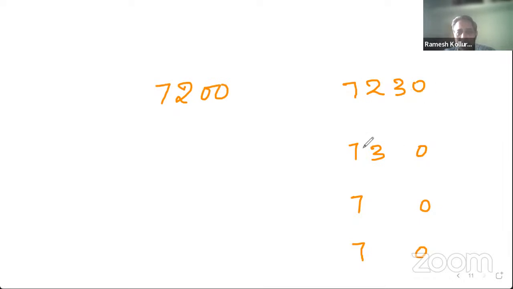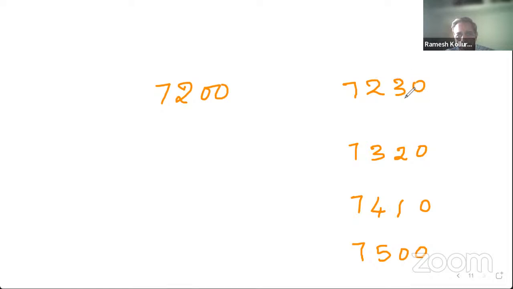7230 is the first number. Now I'm increasing one and decreasing this. Correct. So plus 90. Increasing one, decreasing this. Increasing one, decreasing this. So these are the angles, right? So my digital root is always 3.